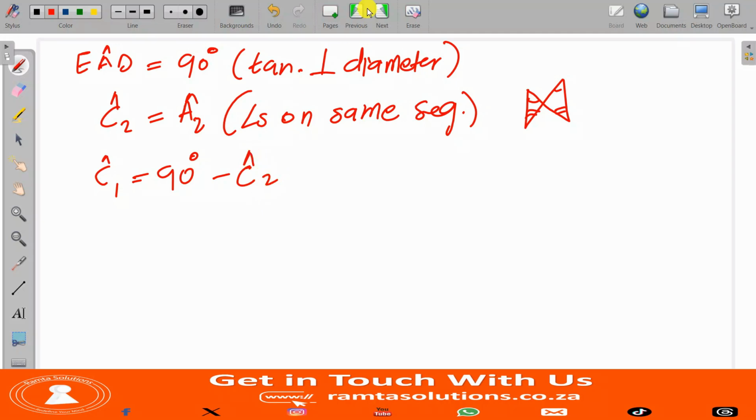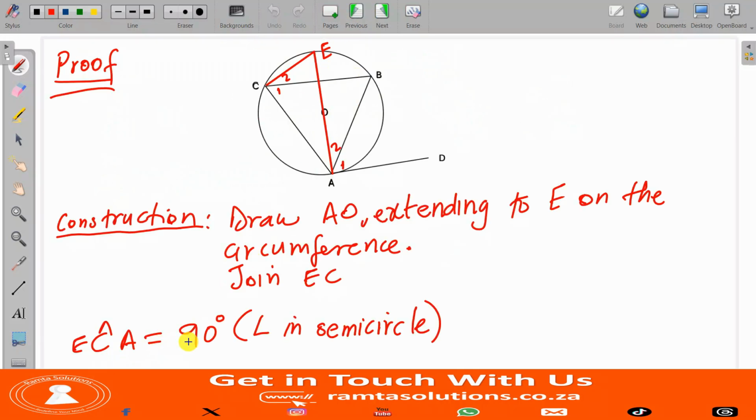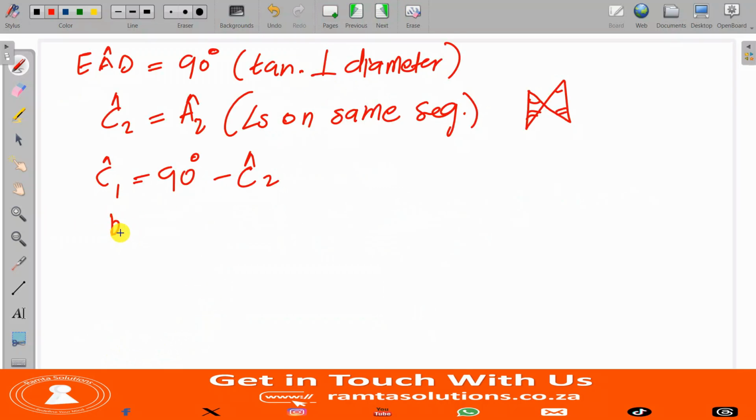Because angle ECA is equal to 90 degrees, but angle C2 is equal to angle A2, therefore angle C1 must be equal to 90 degrees minus angle A2.